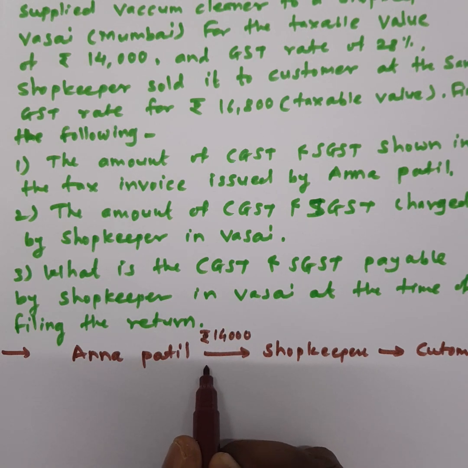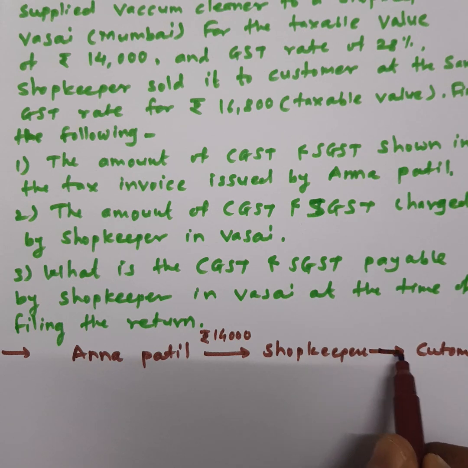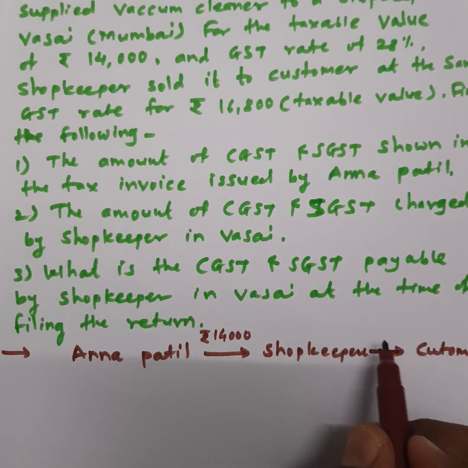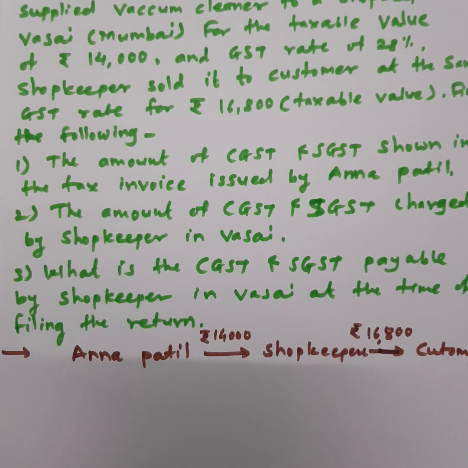Rate of GST is 28% and the shopkeeper sold it to the customer for taxable value rupees 16,800. Both times the rate of GST is 28%.